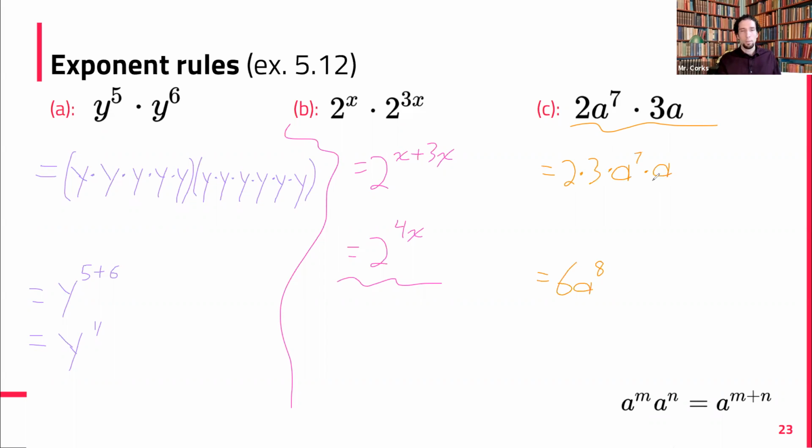Then we just combine and simplify, and we get 6a to the exponent 8. I should have given people a little more time to write on the previous one, but I'm going to go on. If you want to take a screenshot or something.